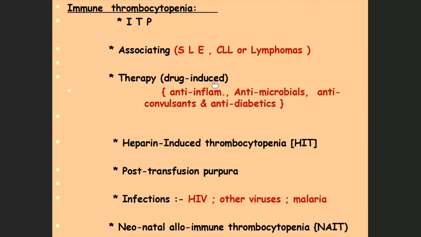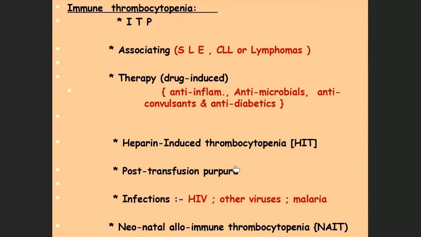It can be drug-induced. Different types of drugs are known to cause immune thrombocytopenia. Heparin is known to cause thrombocytopenia. Heparin-induced thrombocytopenia, or HIT. It is the unfractionated type of heparin which is usually associated with thrombocytopenia.